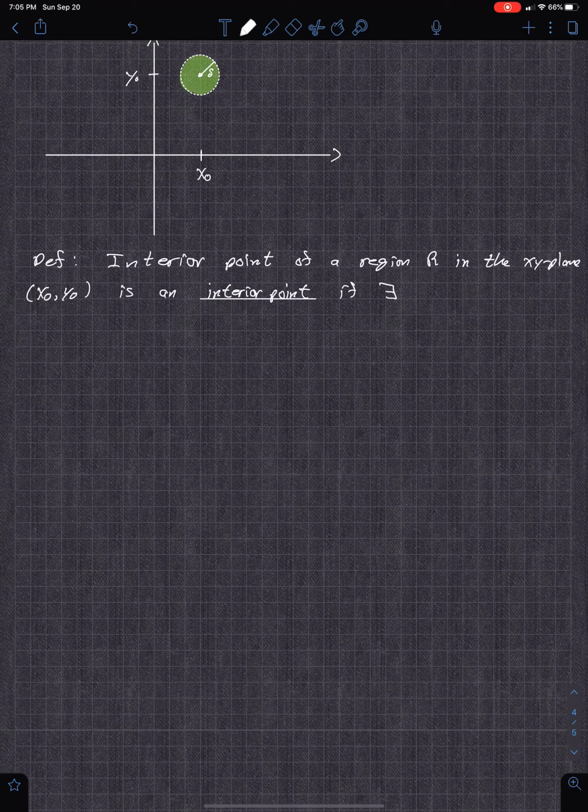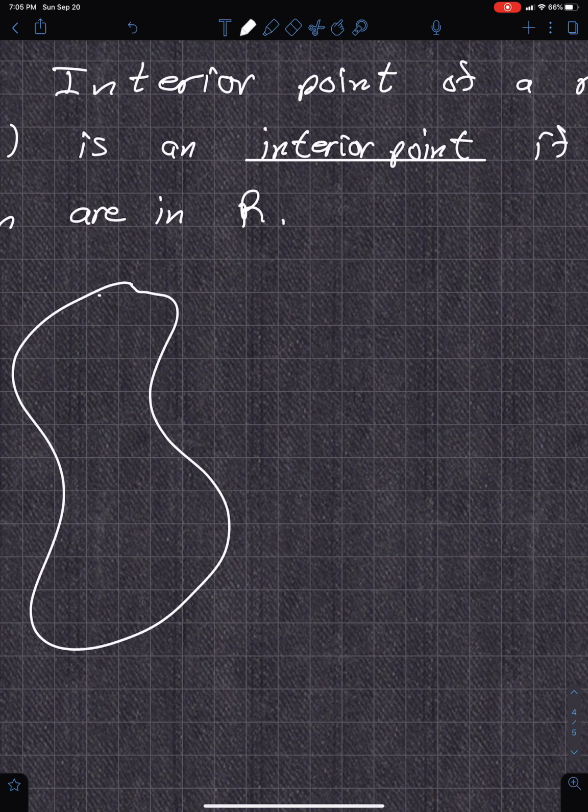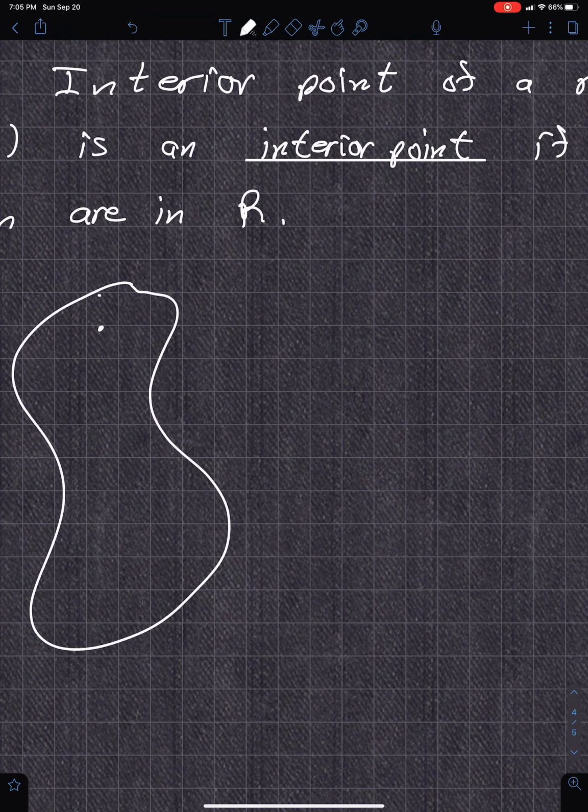If there exists a delta neighborhood such that all points in the delta neighborhood are in the region R. Okay, I'm going to start describing stuff over here. Basically it's saying it's an interior point, say here, if there exists a delta neighborhood around it, like that, such that all points are inside.